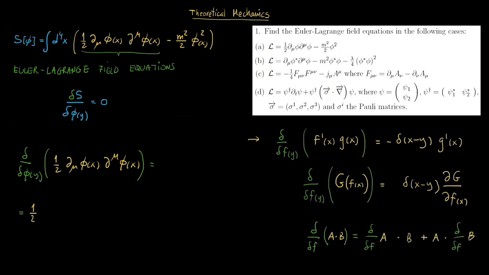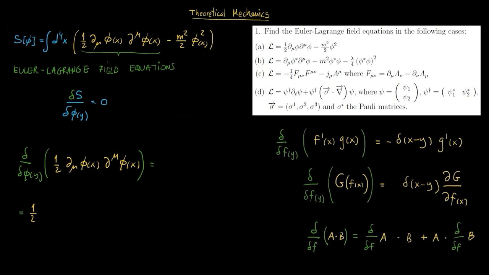By the way, the chain rule works here. The functional derivative with respect to f of a times b is the functional derivative with respect to f of a times b, plus a times the functional derivative with respect to f of b. I mean, the chain rule.